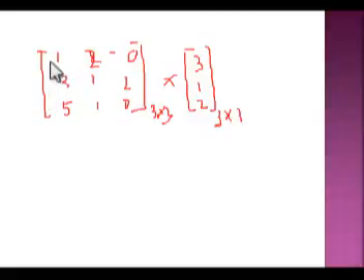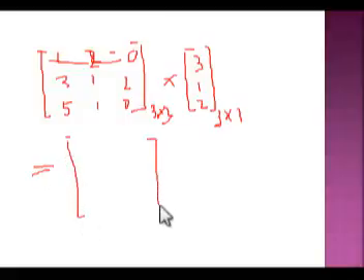How can it be multiplied? The rule is that the first row is multiplied with the first column to get the first row of the result. Each element of the row is multiplied with each element of the column.